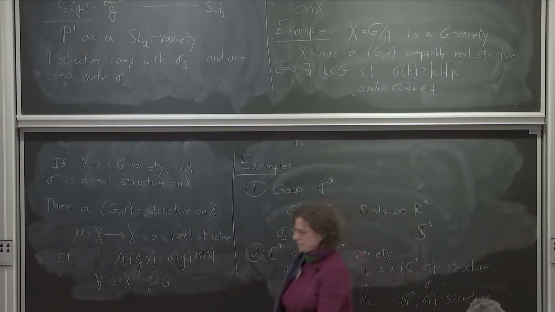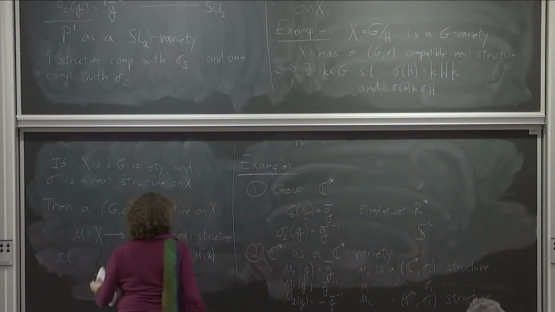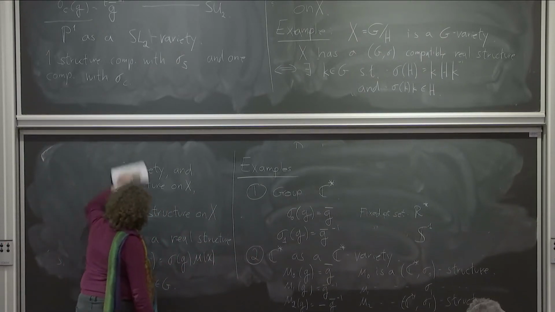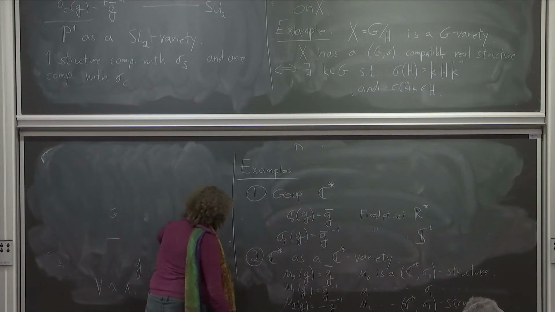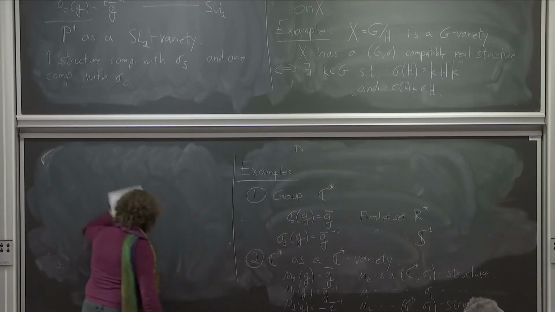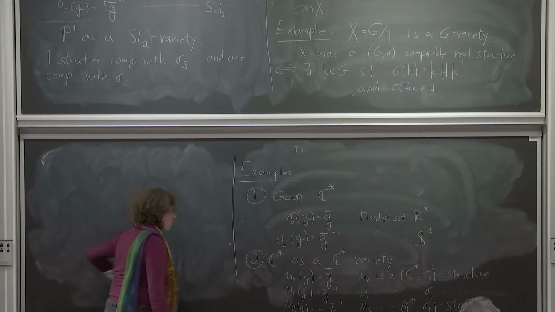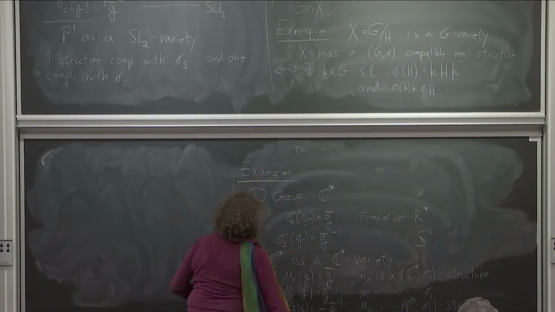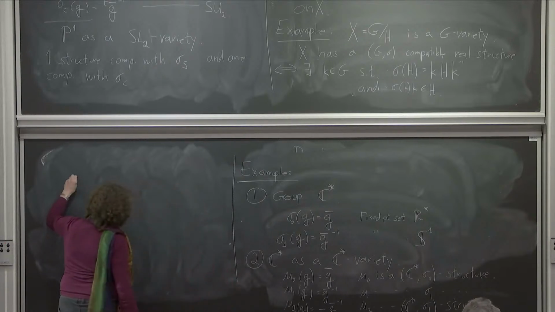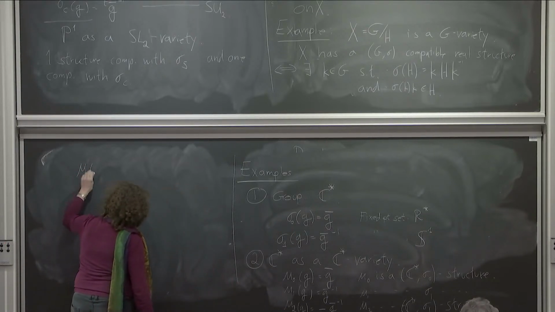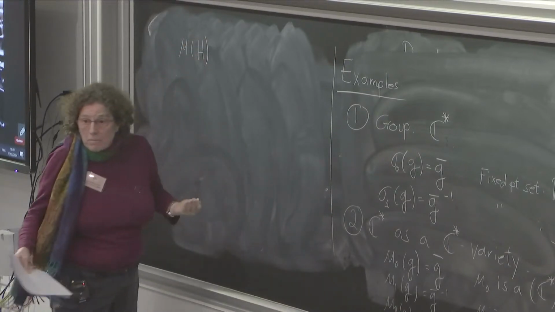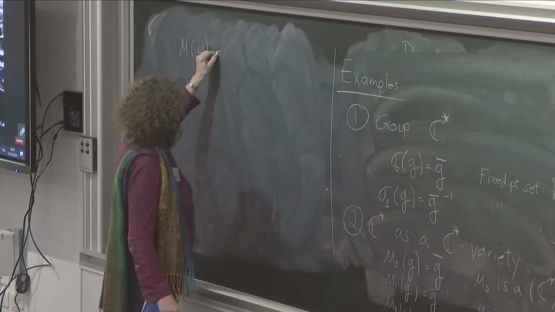Proof of this little result here. If I want to find a real structure on X, let's call it mu, mu of H is going to be some element, which I'll call KH.